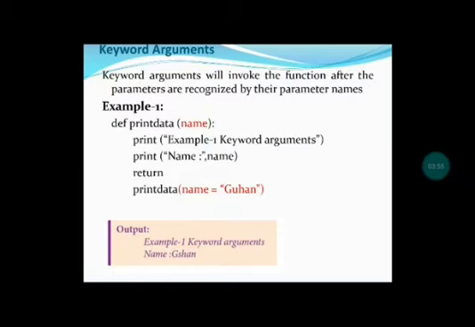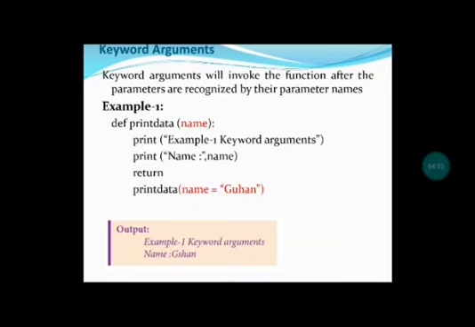The function name of this example is print data. Inside the print data the parameter used is name. So we are giving name equal to Guggen as an argument. Name is a keyword, so Guggen is passed to the name parameter. Then what will be the output of this program?